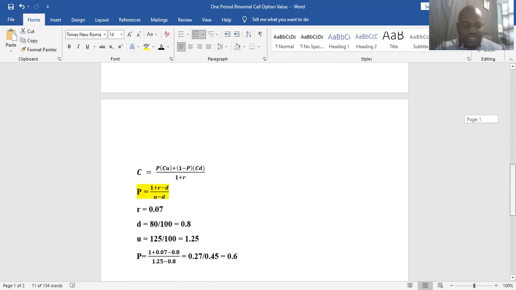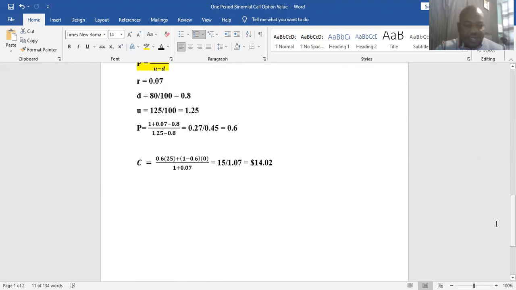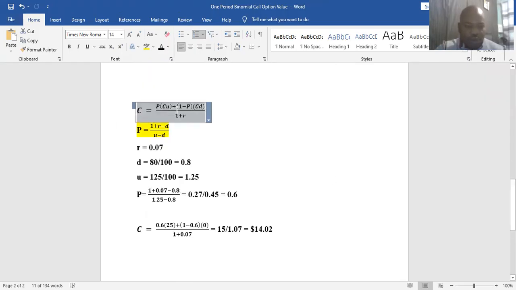I have all the details that I need, and then I need to fuse them in this formula. So I borrowed this formula here, brought it down, and fused in all these details, and I obtained $14.02.